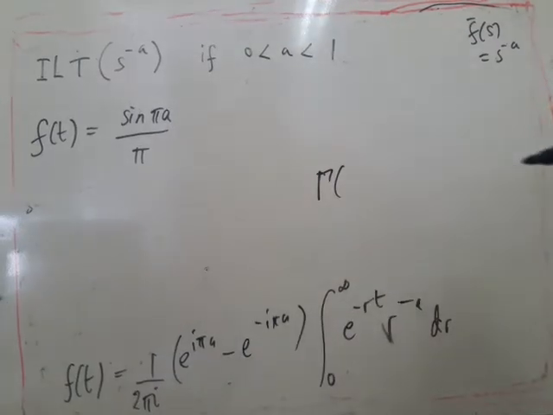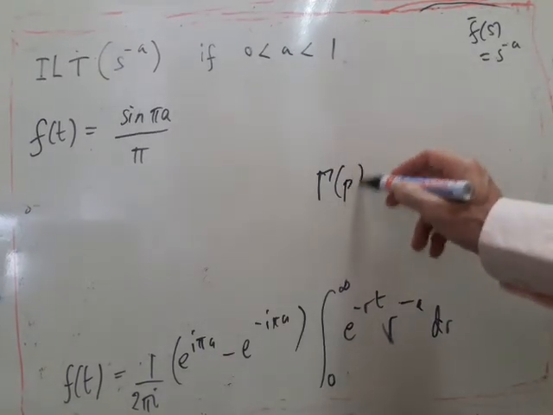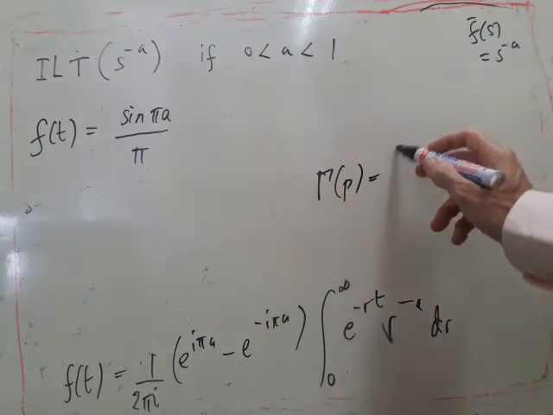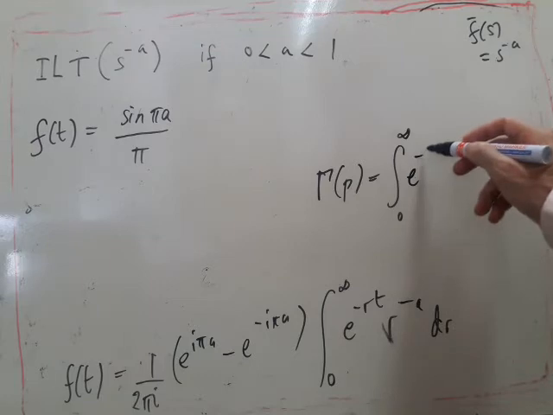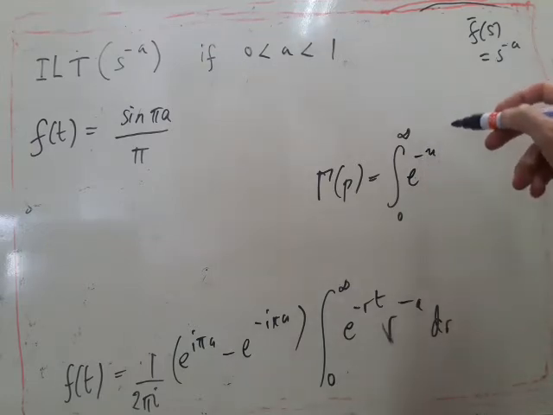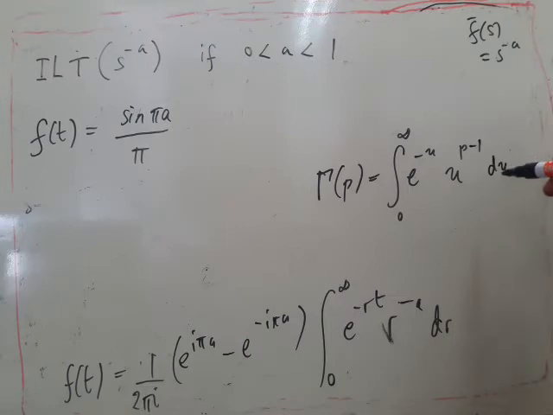So gamma of p, doesn't matter what you use, okay, I'll call it p, is equal to the integral from 0 to infinity of e to the minus u, some integration variable, times u to the p minus 1 du. And we just need that the real part of p needs to be greater than 0.